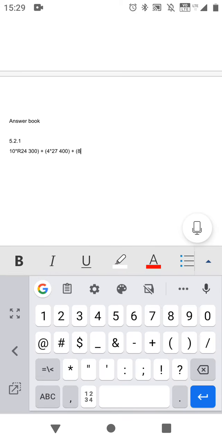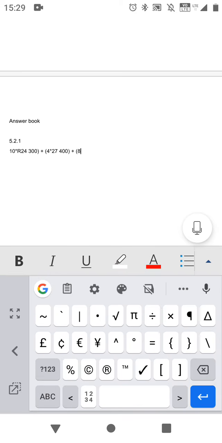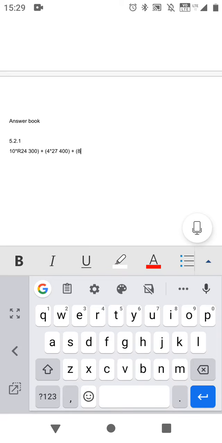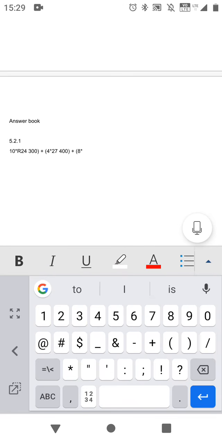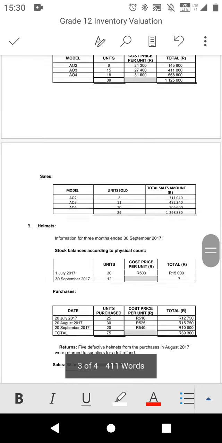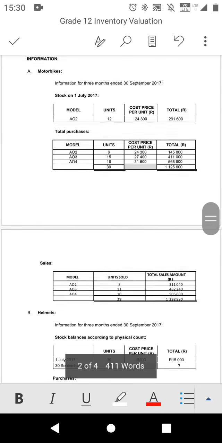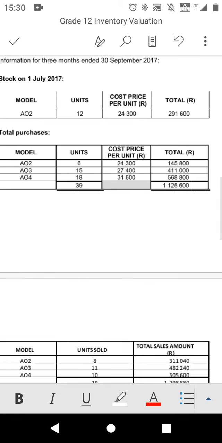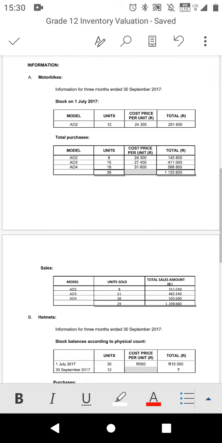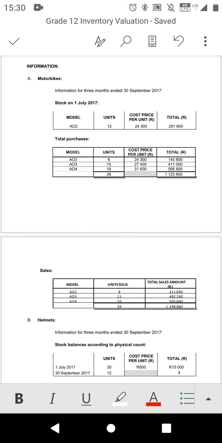Then the cost price, remember they said it is costing 31,600. We have to multiply by 31,600. That is the cost price. There it is.